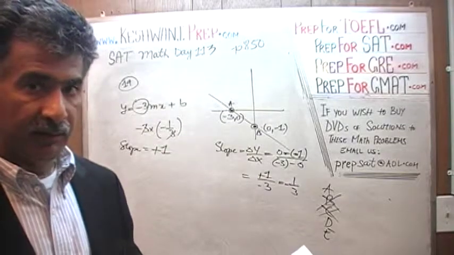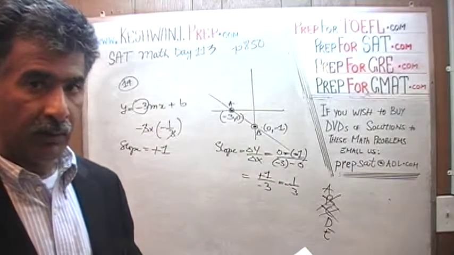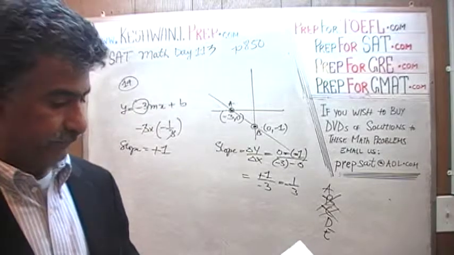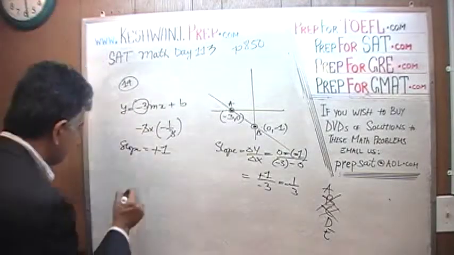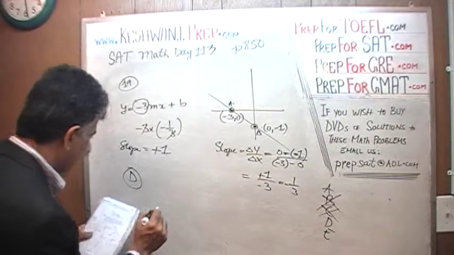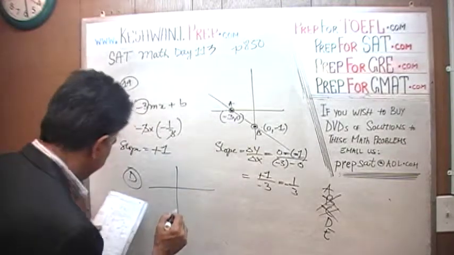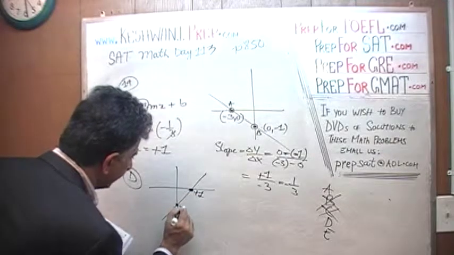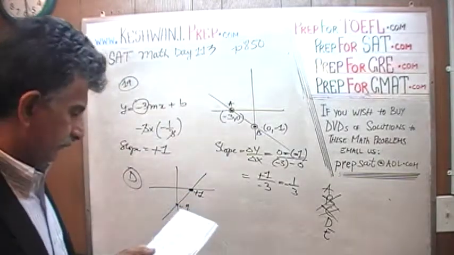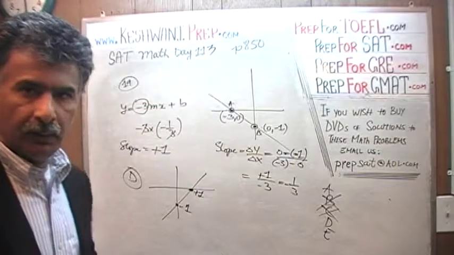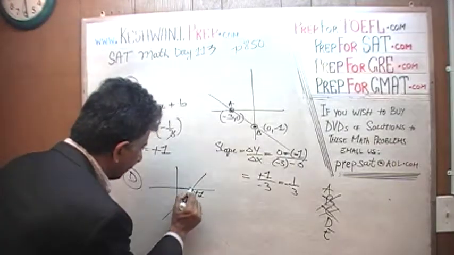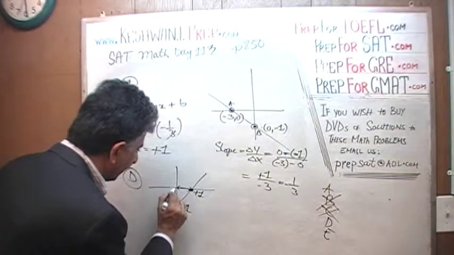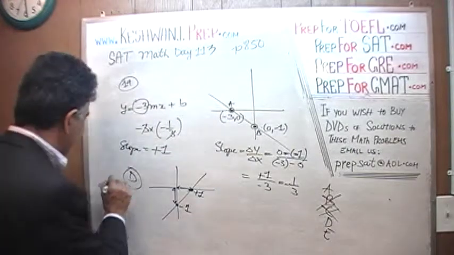In order for it to be positively sloped, it has to go through 1, 1 or 3, 3. And the answer is D. It goes through 1 and -1, and therefore the change in x from here to here is the same as the change in y. You see? The answer is D.